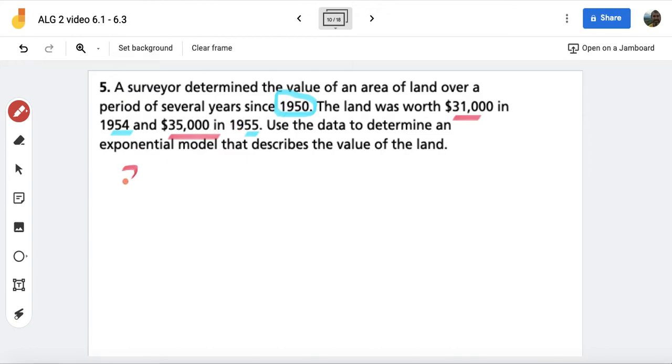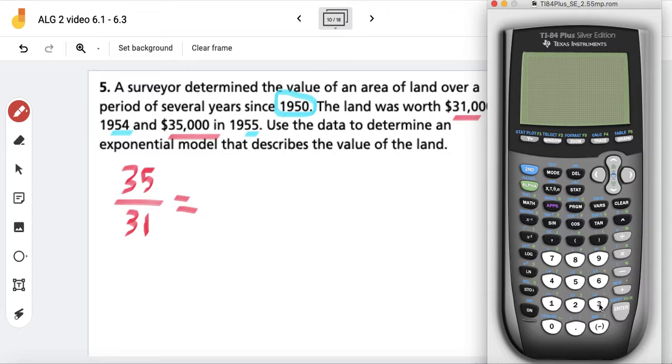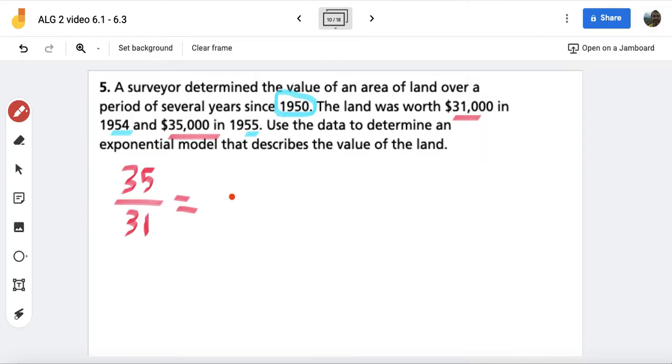It's not always big divided by small, but it has been in the previous example and this one. So 35,000 in 1955 divided by the 31,000 in 1954, 35 divided by 31, is my growth rate, 1.129.